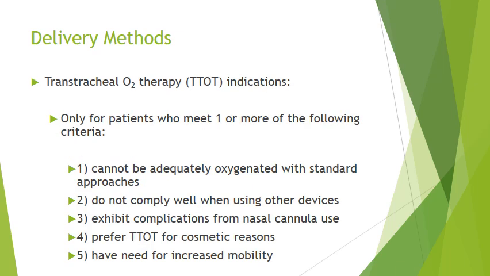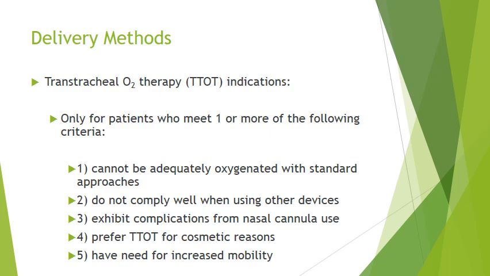In order for a patient to be able to benefit from the transtracheal O2 therapy, there are several indications that you will have to look at. Only patients who meet one or more of the following criteria can have this type of O2 therapy device. They cannot be adequately oxygenated with standard approaches.